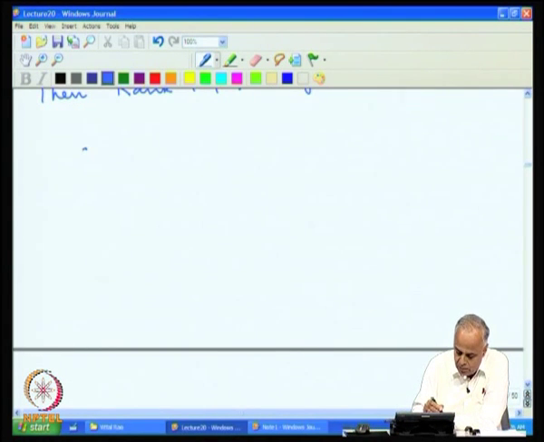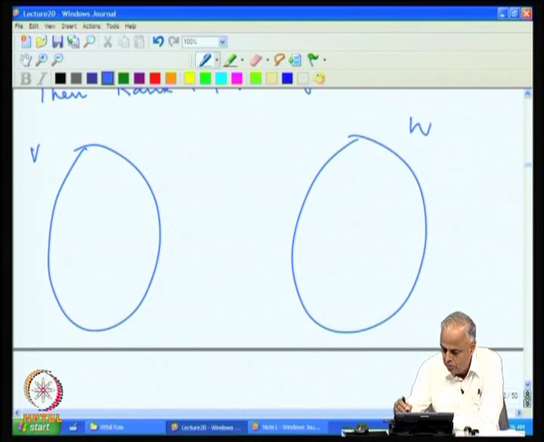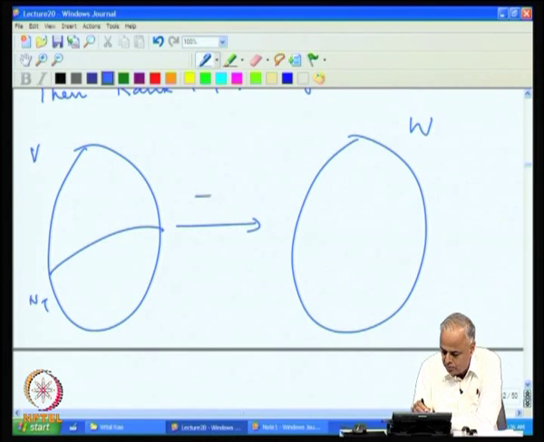So, let us again look at the picture. We have V, we have W, and T is a linear transformation.